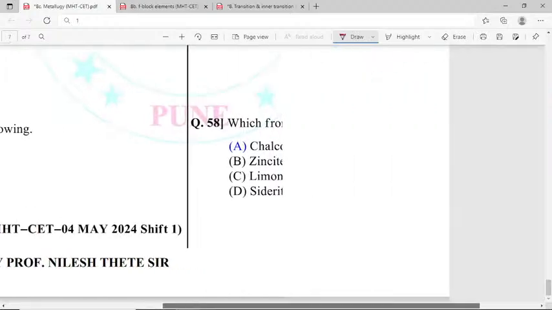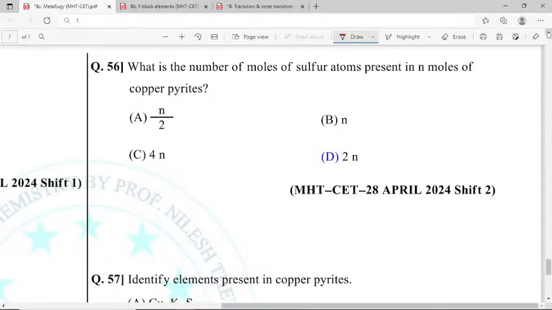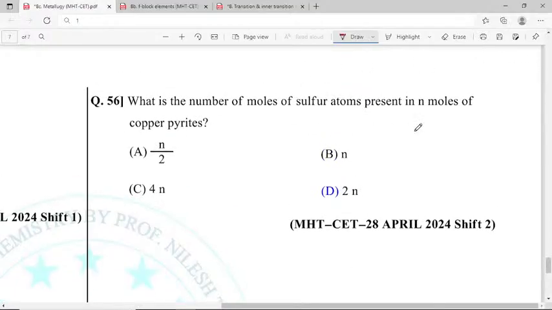Okay, this is a very important question. What is the number of moles of sulfur atoms present in n mole of copper pyrite?